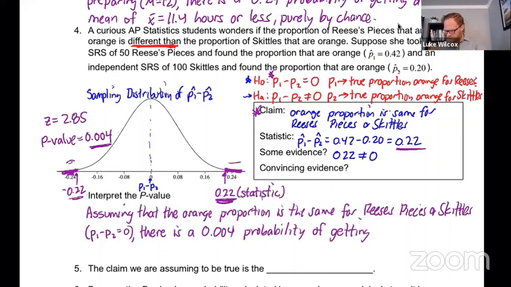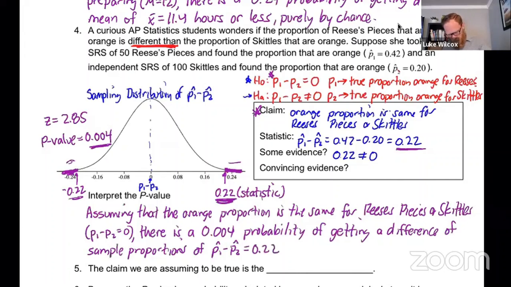So I'm going to say of getting a difference of sample proportions of P1 hat minus P2 hat equals 0.22 or farther from 0. So that's taking care of both sides of the distribution here, 0.22 or farther from 0. And then we need our purely by chance.